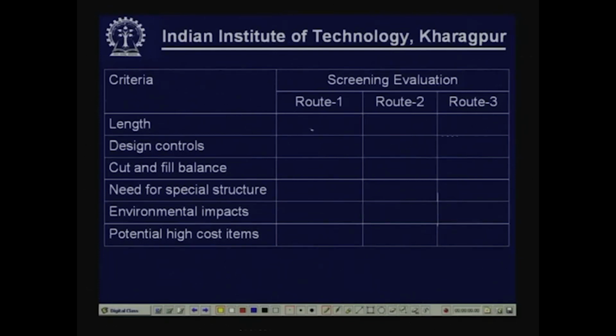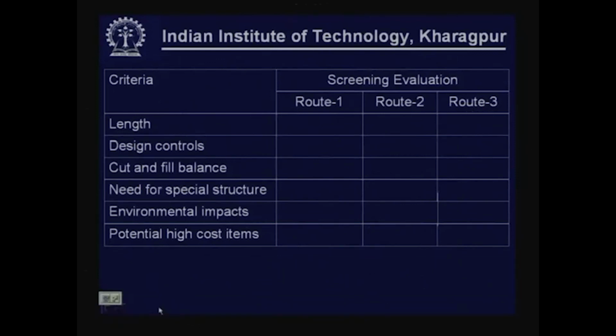Maybe the length of route 1 is 2 kilometer, here 2.5 kilometer, here 3.5 kilometer; here the cut and fill is balanced, here it is not balanced, here it is balanced, for example. Then, once you have this tabular representation, you can easily see in summary form how different routes compare in satisfying your requirements, and accordingly you make a decision.